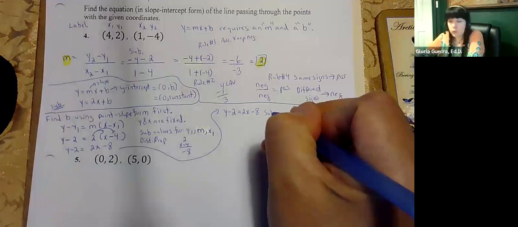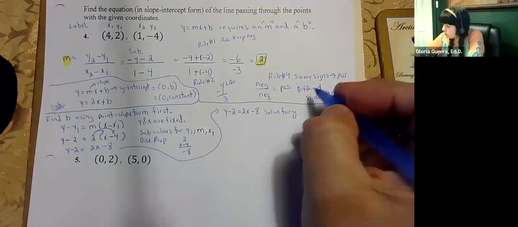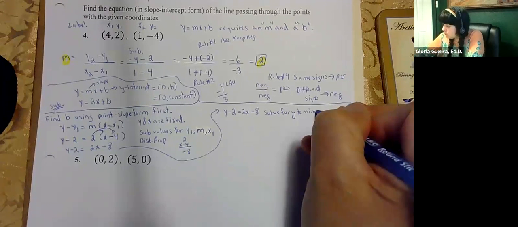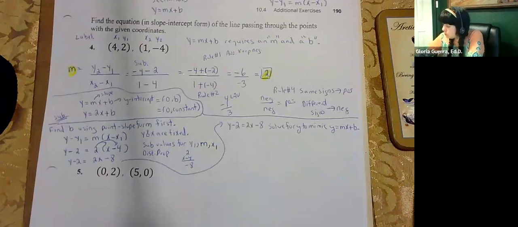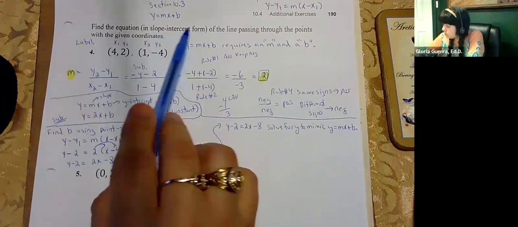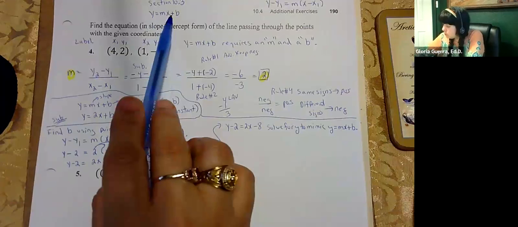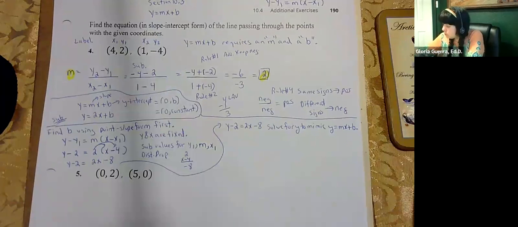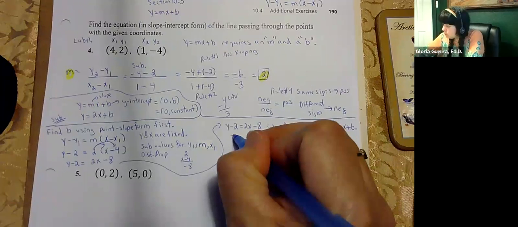The reason why is to mimic y equals mx plus b. Because remember, they want you to find the equation in slope intercept form, which is y equals mx plus b. So to solve this for y, I have to move the 2 over, plus 2.